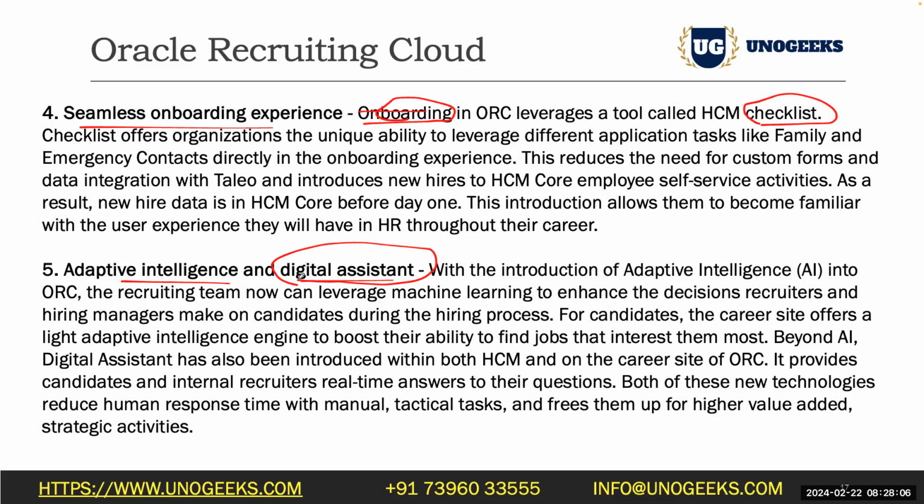And the candidate can drill down still further. With new functionalities, the candidate can upload a resume, and the digital assistant can show a list of all the positions matching his or her resume. So these are a lot of AI functionalities which are coming up.